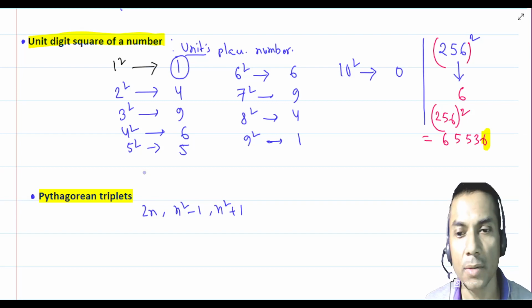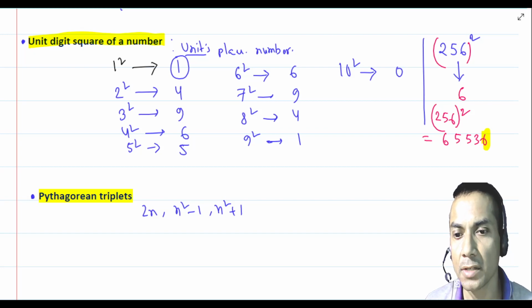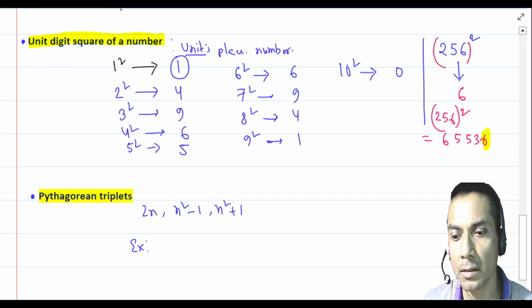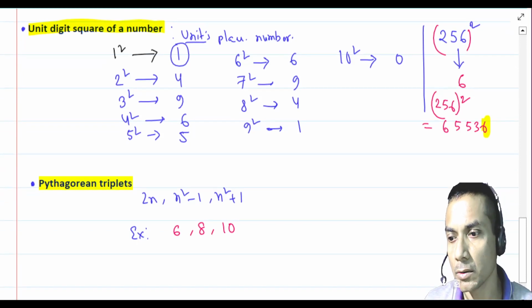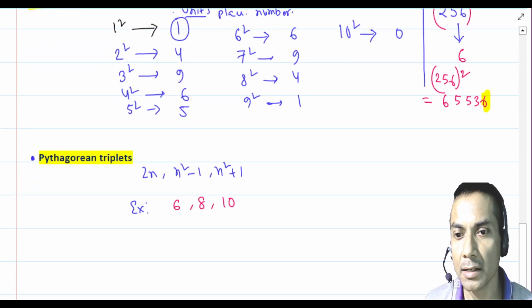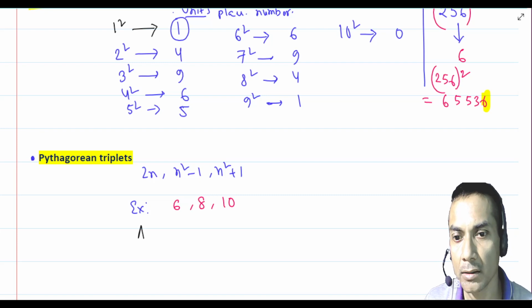For example, if three numbers are given, 6, 8 and 10, we have to check the value of n.